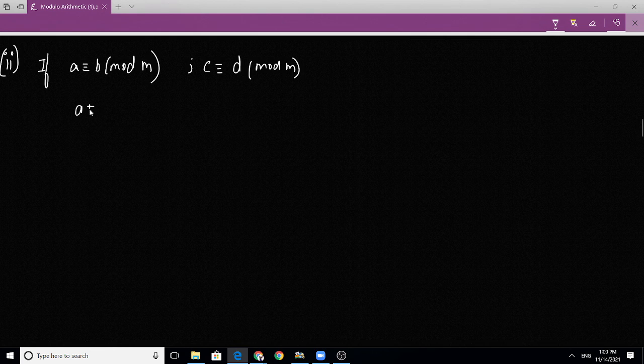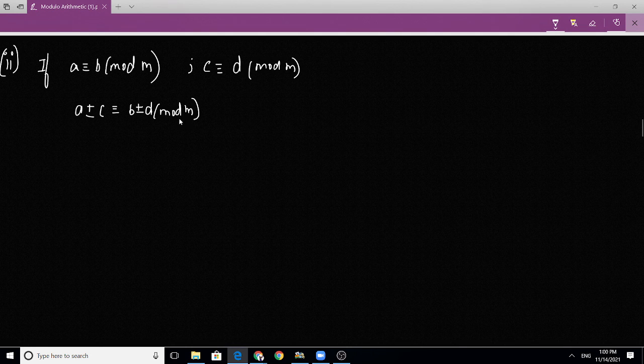The second property is: if A congruent to B mod M and I have that C congruent to D mod M, that implies I can write A plus or minus C congruent to B plus or minus D mod M.